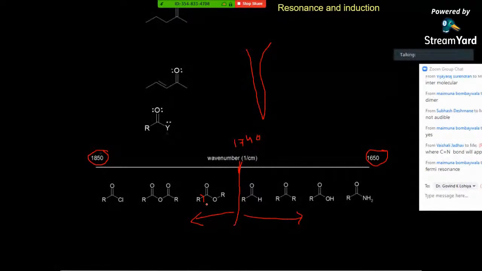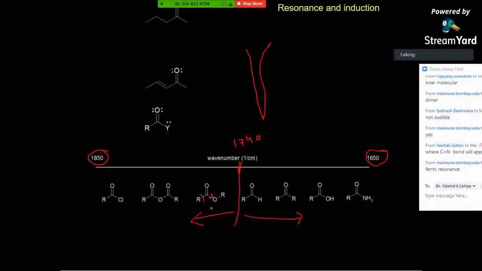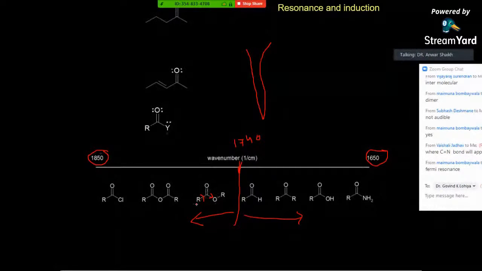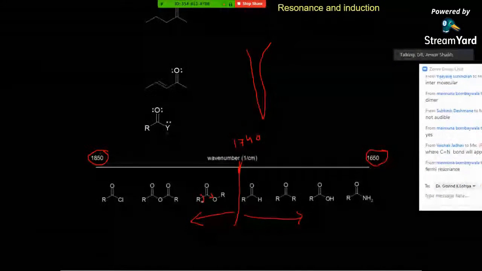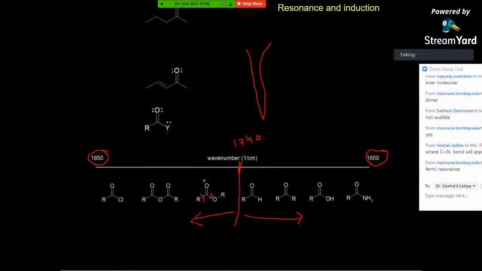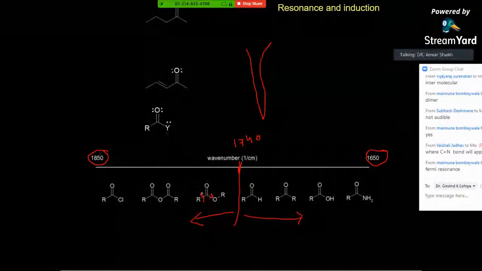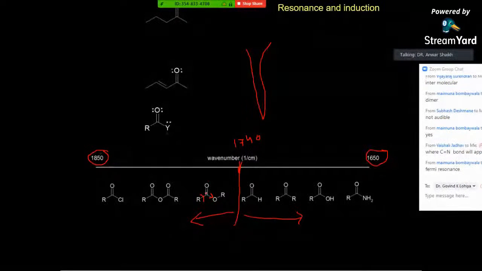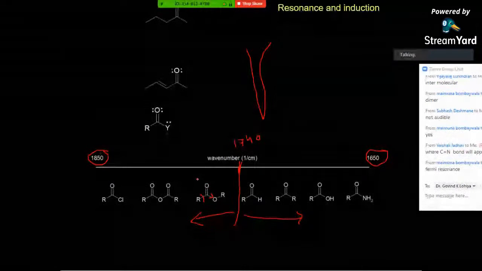And here you can also consider the inductive effect. The inductive effect is operating here, increasing the electron density, so this double bond character remains maximum as a double bond.